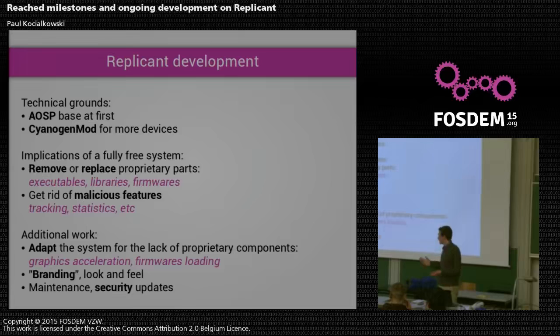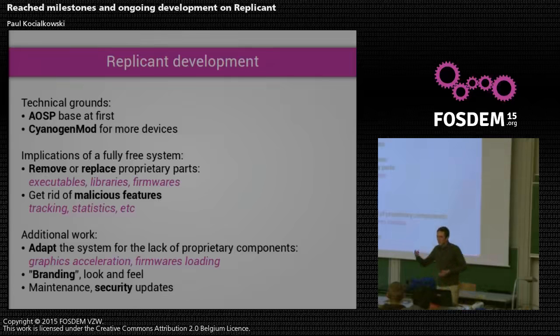And it's the same with firmwares, because firmwares are usually required by kernel drivers. They load the firmware and then they start discussing with the chip. When the firmware is loaded, the chip is running something, and so they can discuss. But when the firmware is not there, because we didn't ship it, obviously, because it's non-free and we don't want to recommend using a non-free program, well, the driver very often doesn't handle that very well.